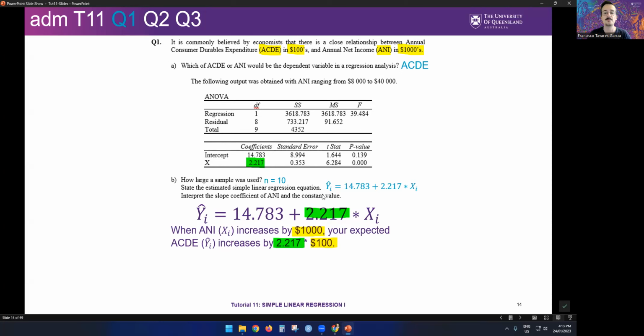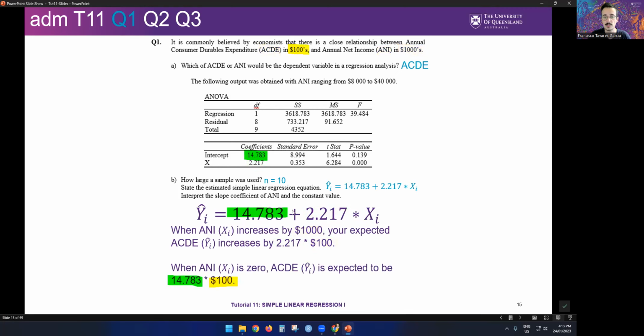So if I put it a different way, when people earn an extra $1,000, they tend to spend an extra $221 on durable goods. Okay, I hope that makes sense. That's the interpretation for the slope coefficient. How about our intercept? What would be the interpretation for it?